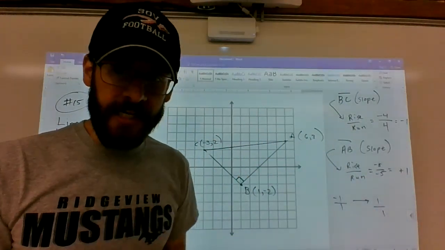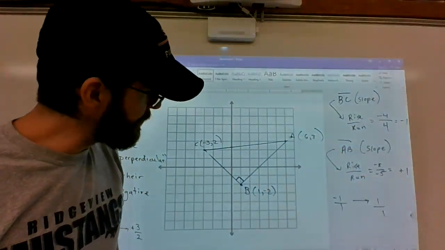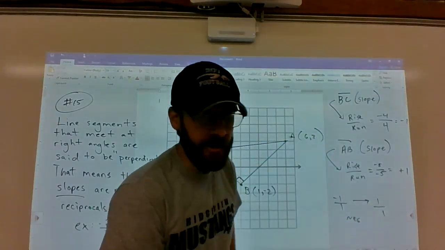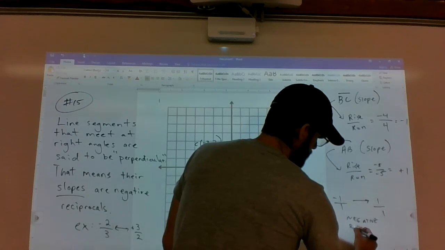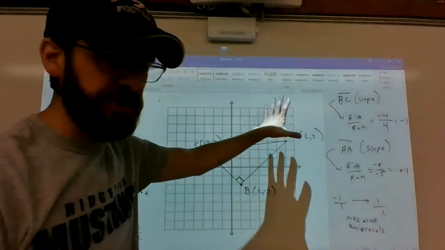Those two are negative reciprocals. -1 and +1 are reciprocals. So this confirms the perpendicularity. This confirms it's a right triangle.